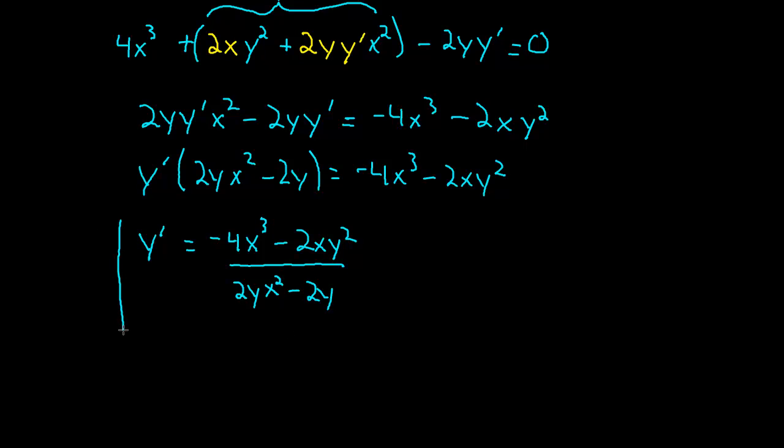Now I know that can simplify. Looks like we can factor a 2x out of the top and maybe a 2y down below, and some 2's might be able to cancel, but I'll leave the algebra and the simplifying up to you.